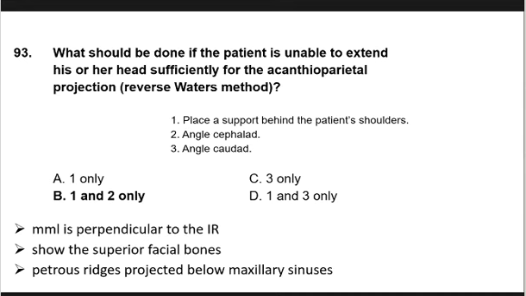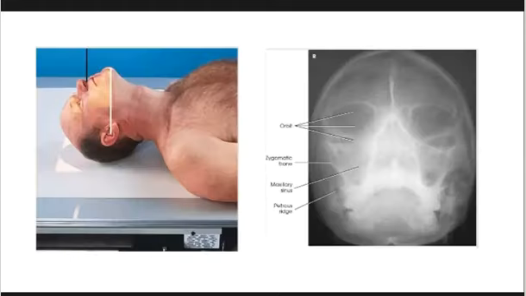So in the reverse Waters, where are the petrous ridges seen? The petrous ridges are projected below the maxillary sinuses. So for number 18, the answer is 1 and 2. That is the acanthioparietal.